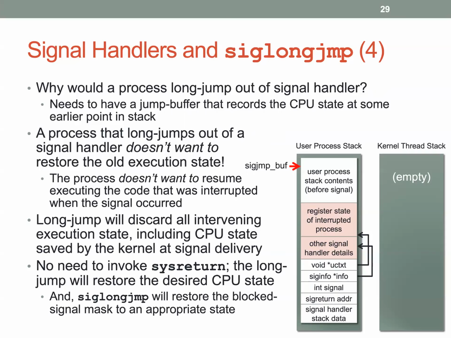Give me one more minute and I'll tell you one more little thing why this is actually a really terrible idea to use longjmp or siglongjmp. In general, I would encourage you to avoid them at all costs. One of the things that can be interrupted by a signal handler is a call to the memory allocator. And all of you have had experience writing memory allocators, and you know how complex the data structures are for managing memory allocations within the user process.